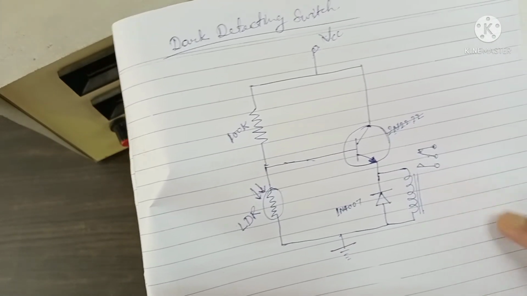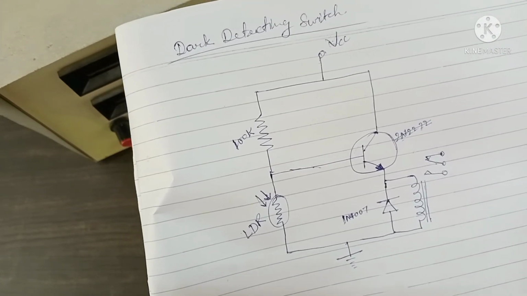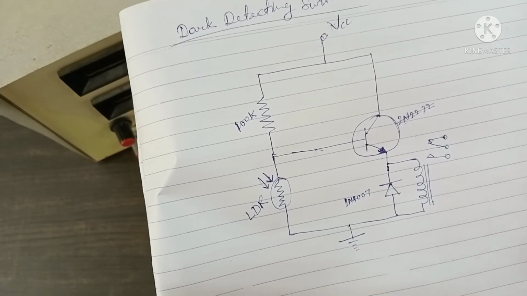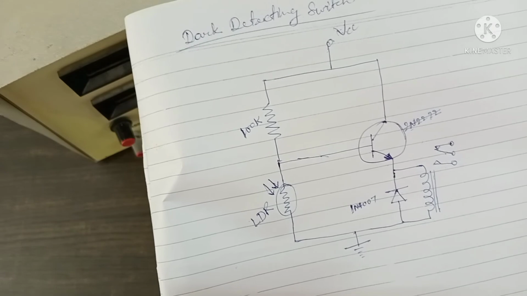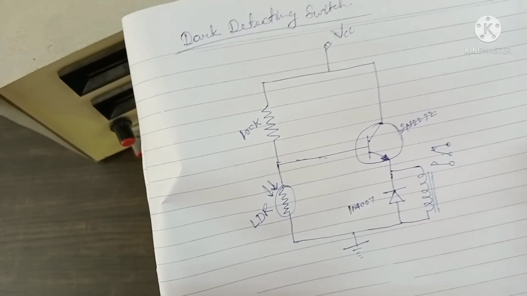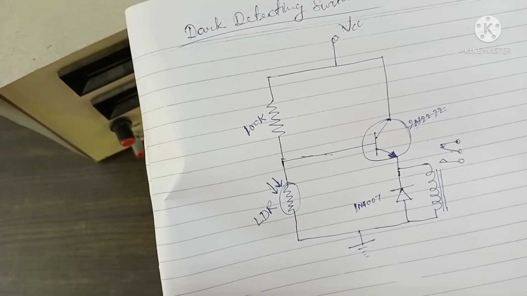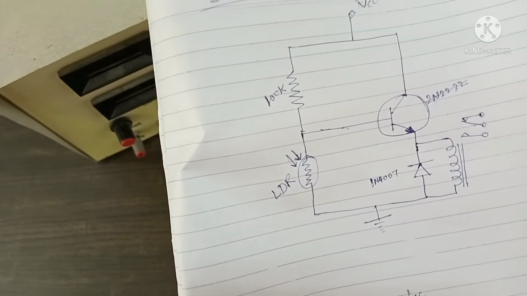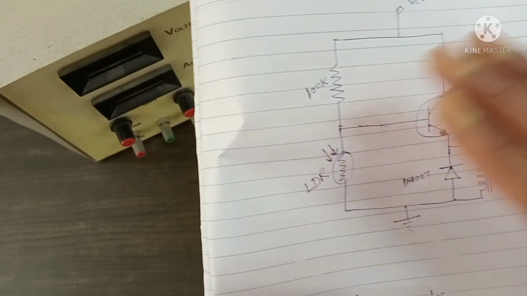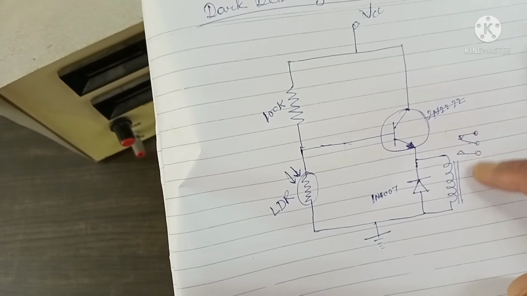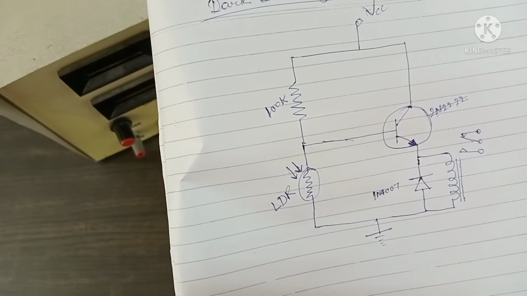If you are using a high current machine, then you will have to use a relay which can stand high current also. Then whenever light disappears, if we cover the surface of this LDR, the switch will turn on, and the machine will turn on also.